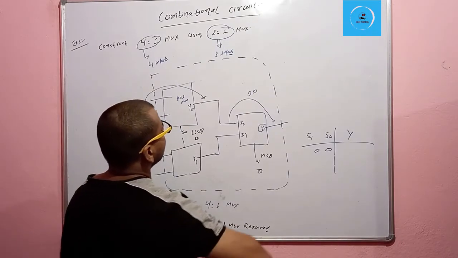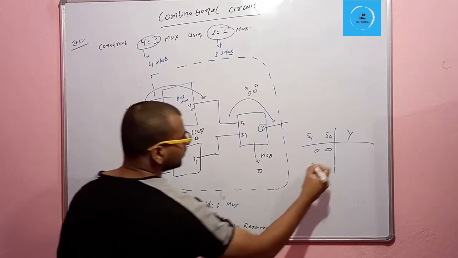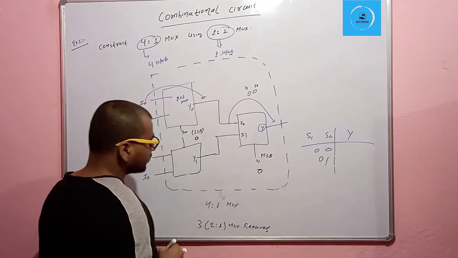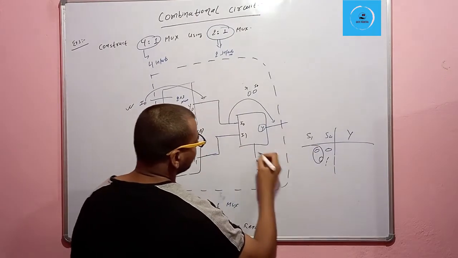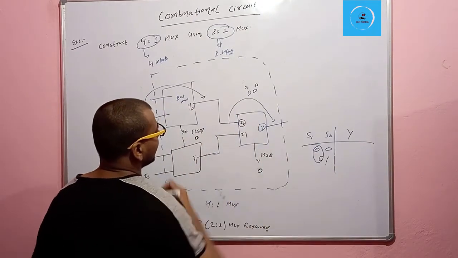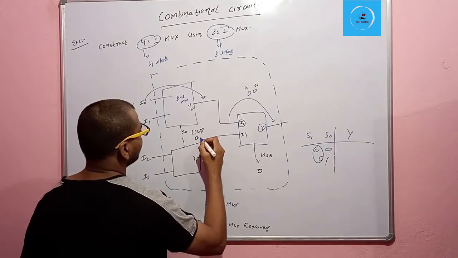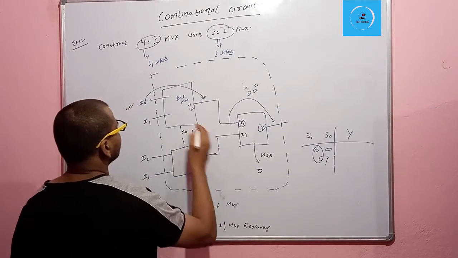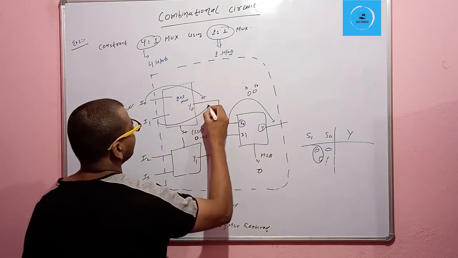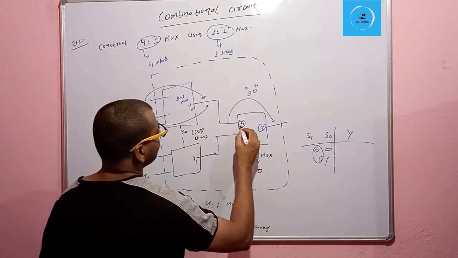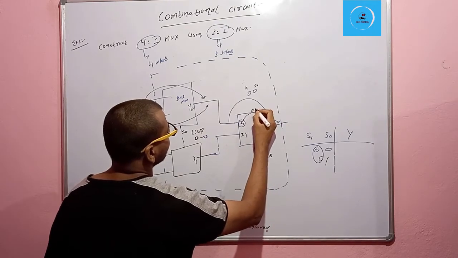Always remember, this is S1, the MSB, and this is S0. For 0, 1: S1 will be 0, so it's again going to select the I0 path, and S0 will be 1, so now it's going to select I1. So I1 will be present here, and this I1 will be present here, for 0, 1.